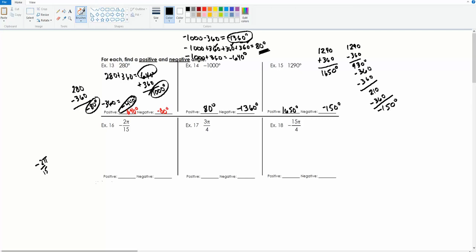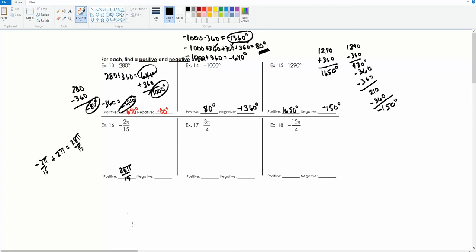If we want to get a positive coterminal, then we need to add 2 pi. Negative 2 pi over 15 plus 2 pi gives me 28 pi over 15. All right, that's definitely positive. That's all I really care about, 28 pi over 15. That's not the only one.